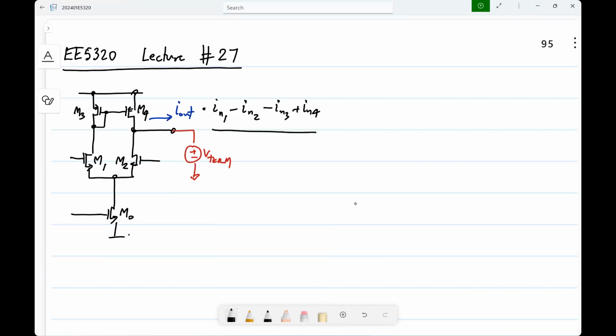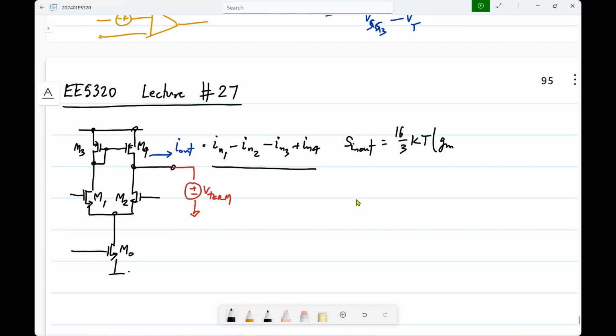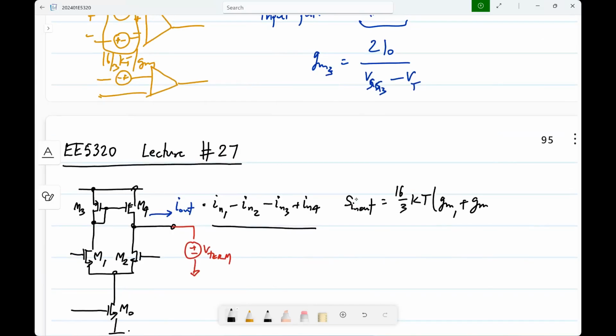So we saw that the output noise spectral density is 16/3 kT times (GM1 plus GM3), and the input referred noise voltage spectral density is that divided by GM1 squared.